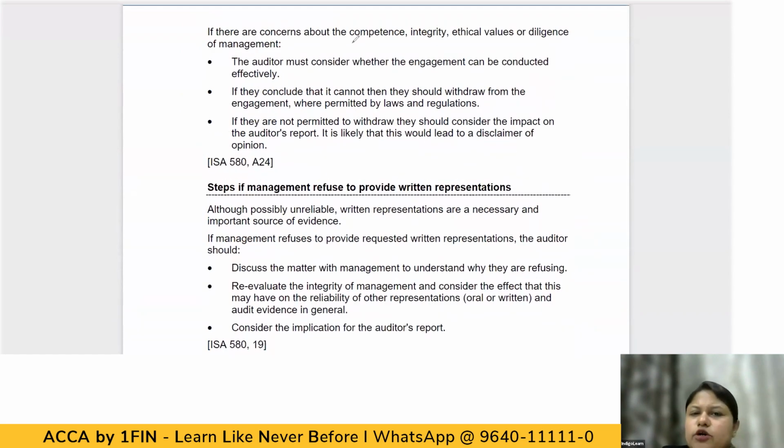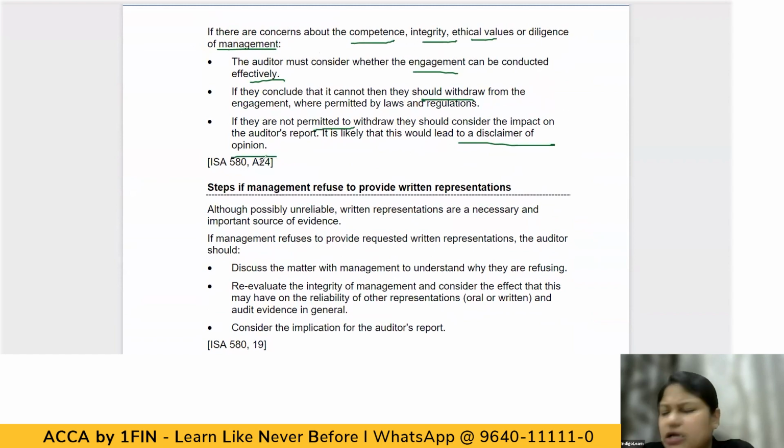If there are concerns about competence, integrity, ethical values or diligence of the management, the auditor must consider whether the engagement can be conducted effectively or not. If not, he will look for withdrawal. And if suppose laws and regulations do not permit withdrawal, then it will lead to what? Disclaimer of opinion. Why disclaimer? Because now you are not in a position to give an audit opinion.